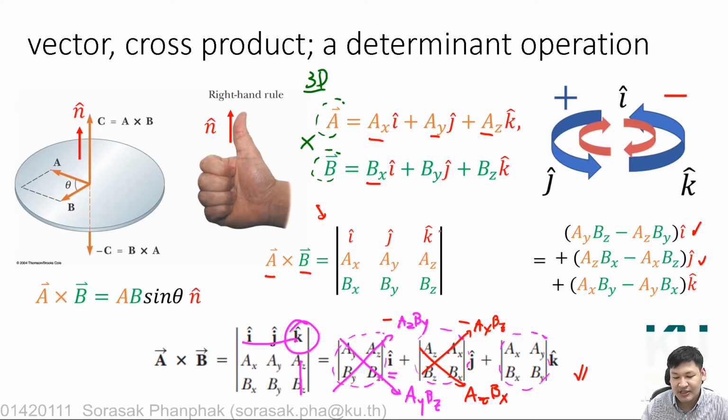However, I would suggest you to do another way, and this one you can do on your own, and we check with this formula. You can add additional rows. For example, if I would like to add i and j, because the way I cross, I would like to cross all three components here.